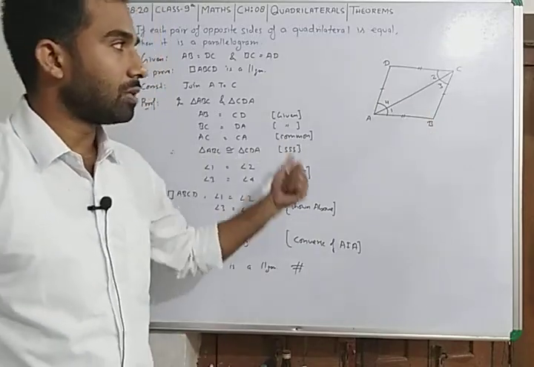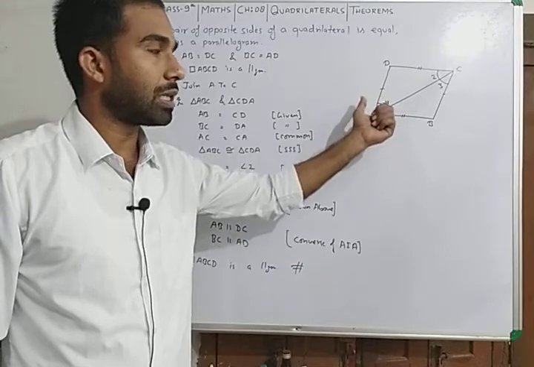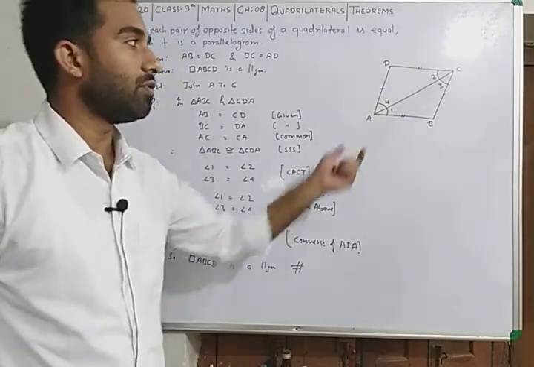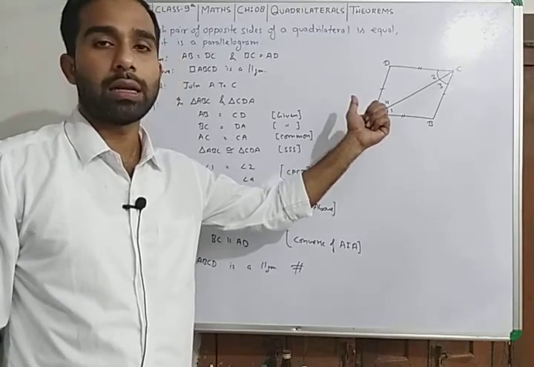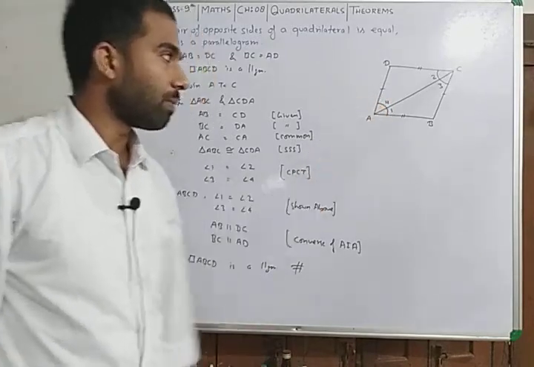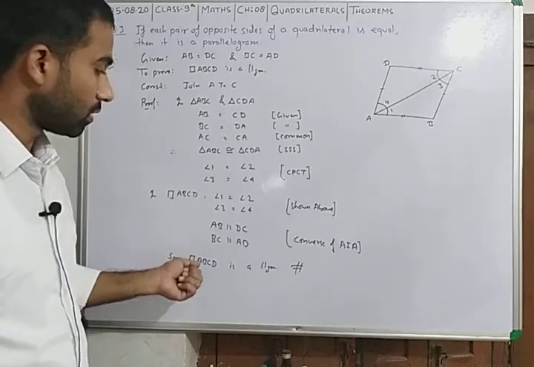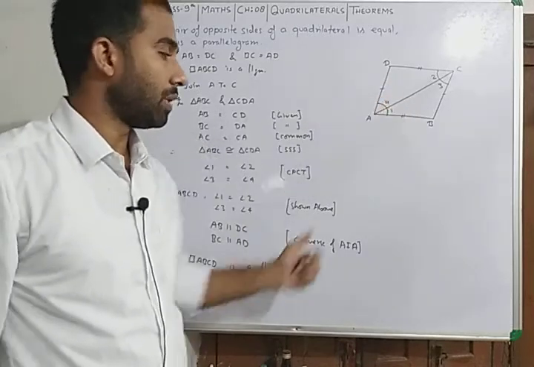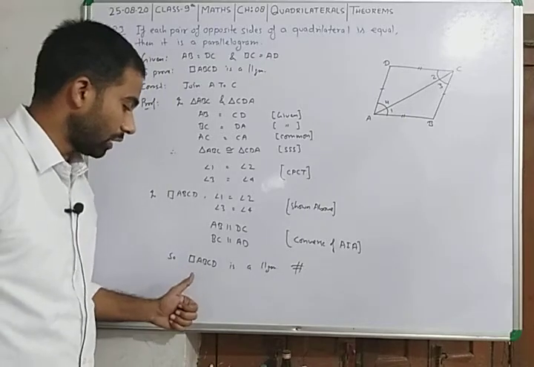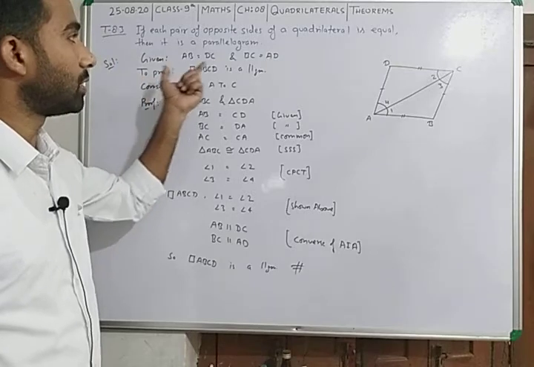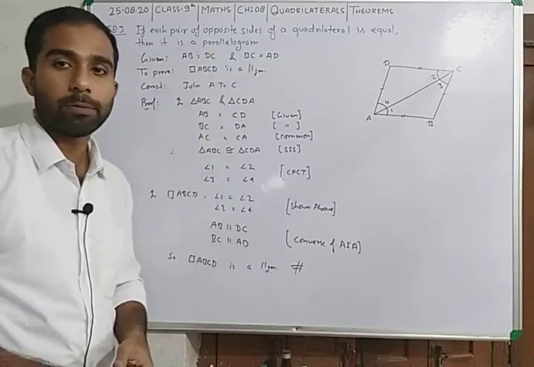Second case, if opposite sides are equal, then it is also a parallelogram. And third, if opposite sides are parallel, then it is also a parallelogram. But here we proved that opposite sides are parallel, so therefore quadrilateral ABCD is a parallelogram, and the opposite sides are equal as already given.